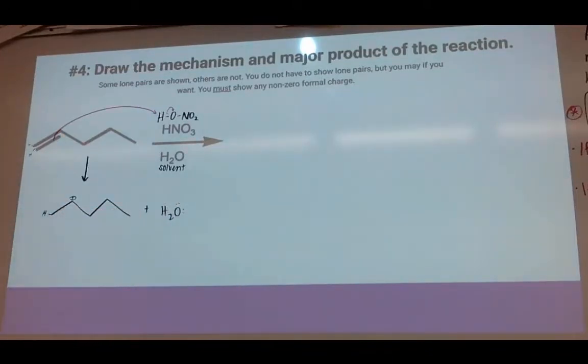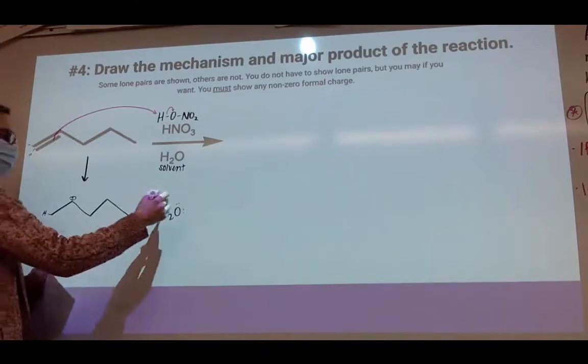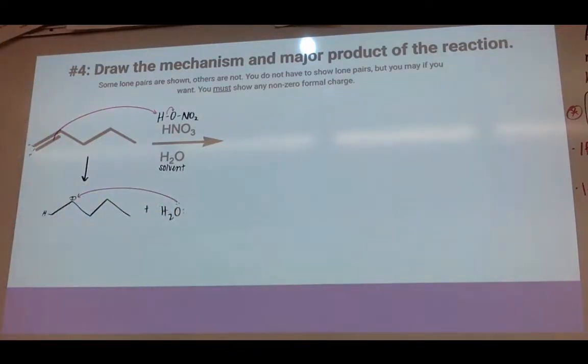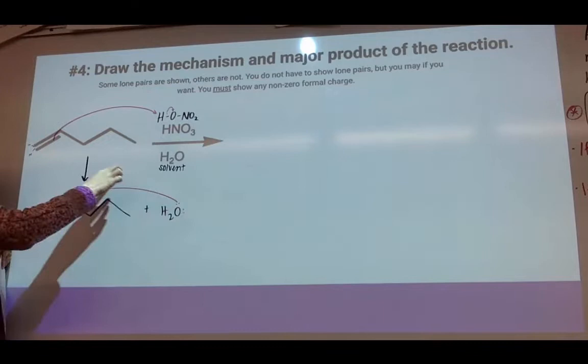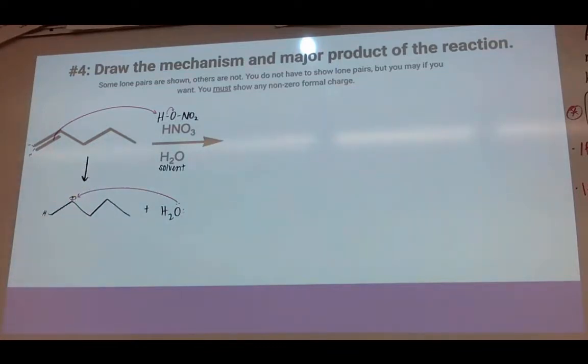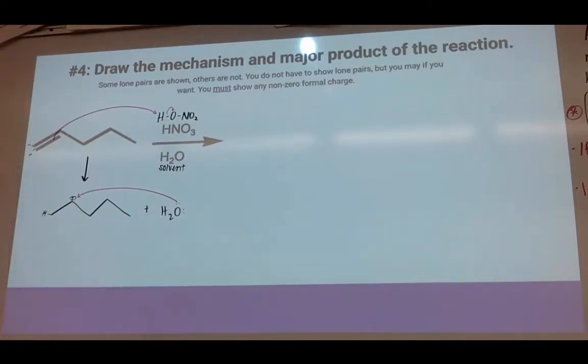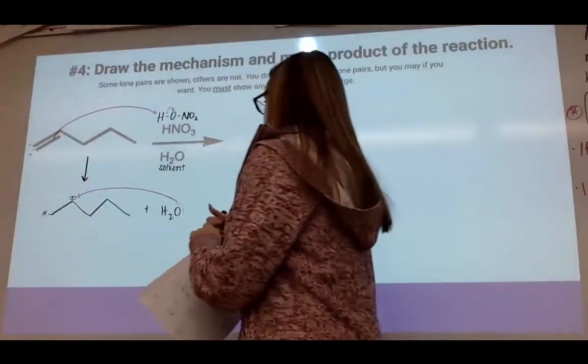Oxygen has an excess of electrons. So 2 of the electrons are going to come from the oxygen to that carbon. When you move lone pairs to that carbon, that's creating a bond. So now we've created a bond between this carbon and this oxygen. Now that oxygen still has a lone pair and it's still attached to 2 hydrogens.